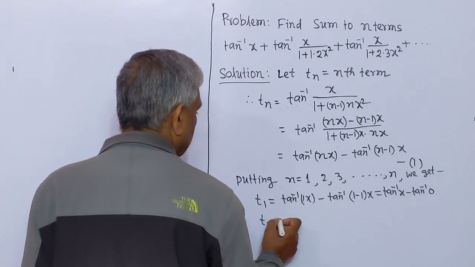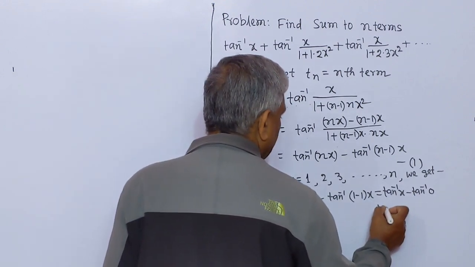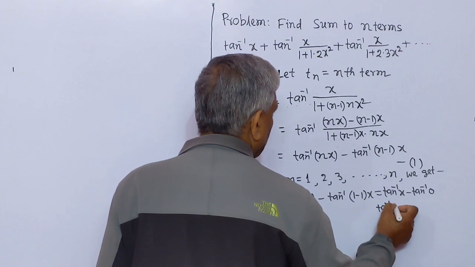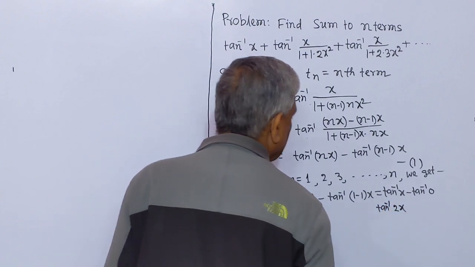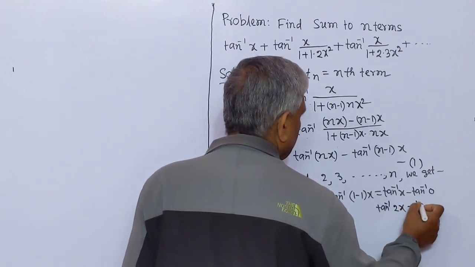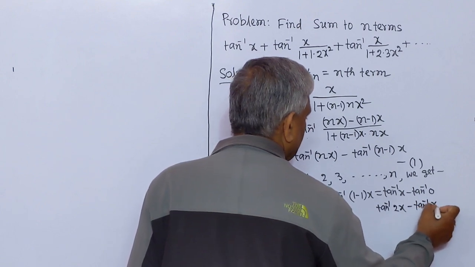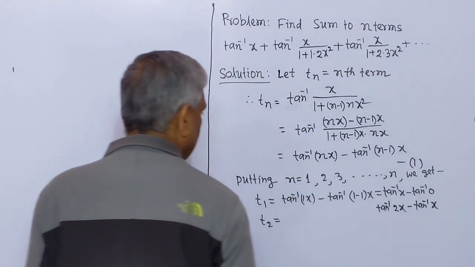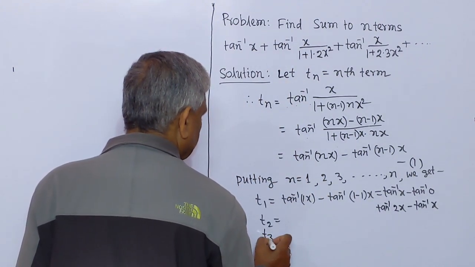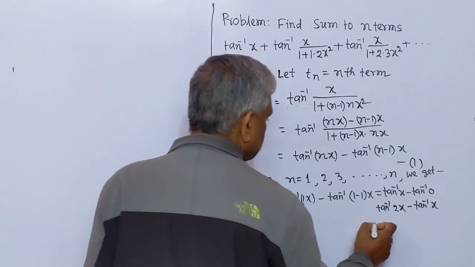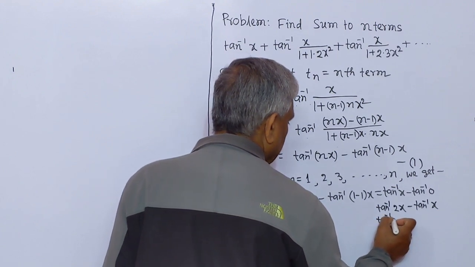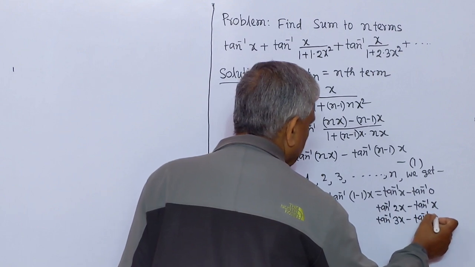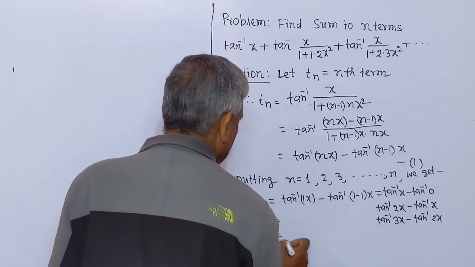T2 equal to tan inverse 2x minus tan inverse 2 minus 1 x, that is tan inverse x. T3 equal to tan inverse 3x minus tan inverse 2x, and dot.